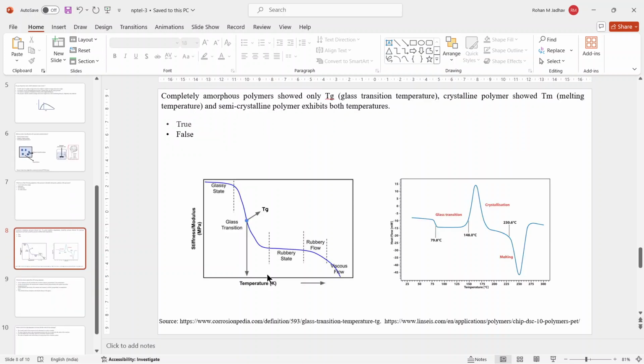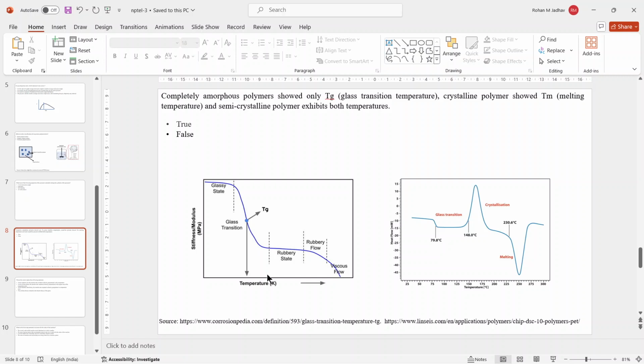Completely amorphous polymers show Tg, glass transition temperature, and crystalline polymers show Tm, melting temperature, and semi-crystalline polymers exhibit both temperatures. So first of all, the first definition is that all polymers are semi-crystalline in nature.